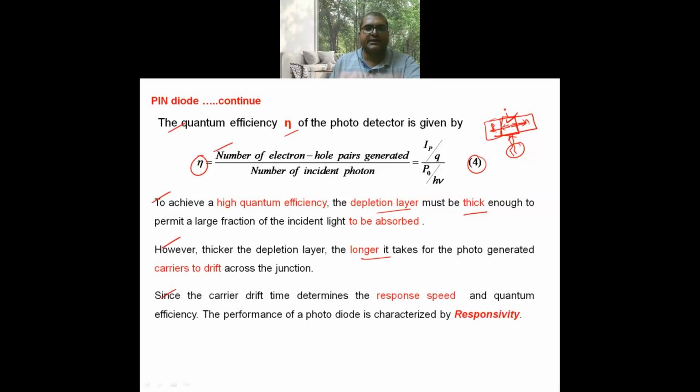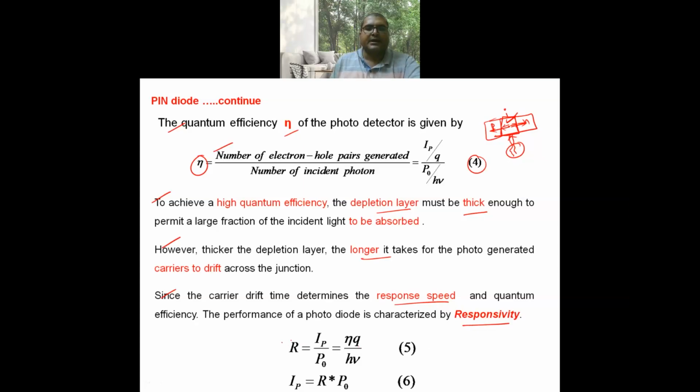Since the carrier drift time determines the response speed and the quantum efficiency, the performance of a photodiode is characterized by responsivity. If the width of the depletion region or the intrinsic region is more, the device has less responsivity.